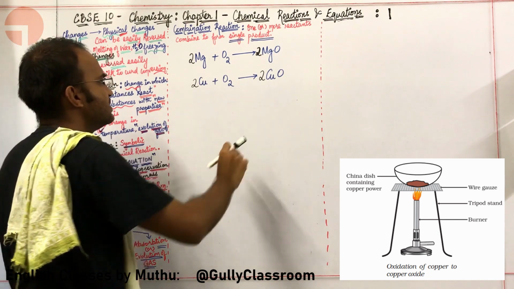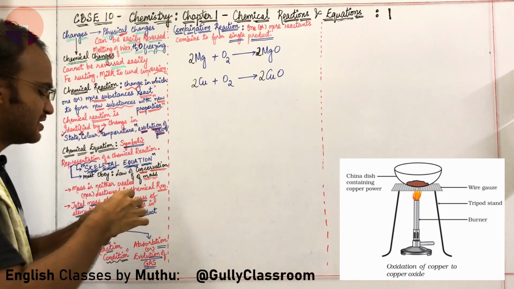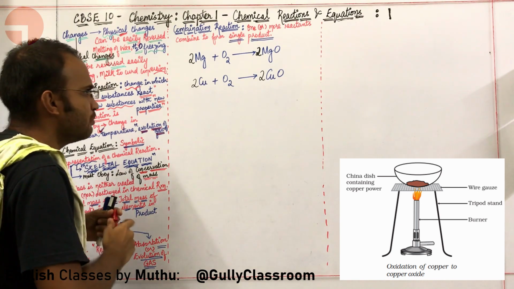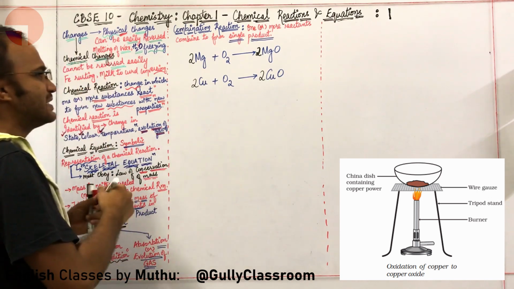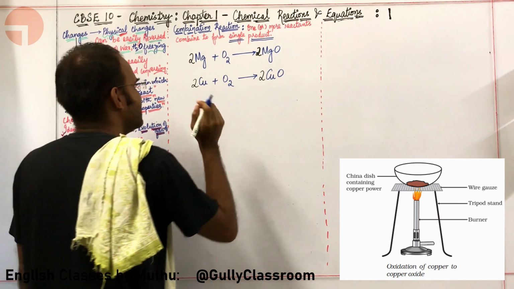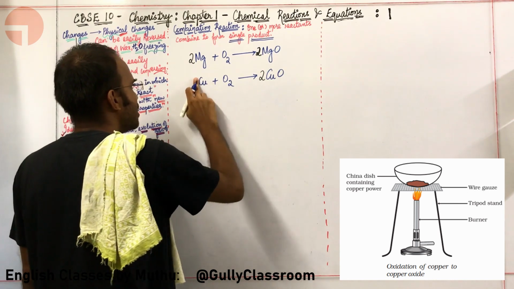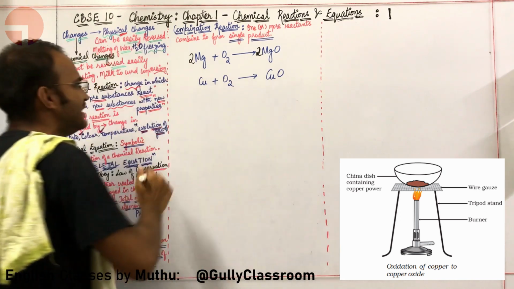I have balanced it. Now you will ask me, sir, let me ask you a question. Yeah, please ask me. What is the name of a reaction which is not balanced? The name of a reaction which is not balanced like this is called a skeletal equation.